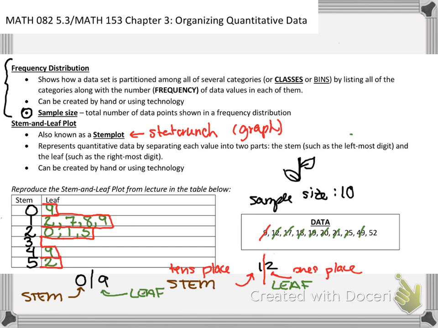So just looking at this, can you guys see where are the majority of our Facebook friends grouped? Well, you can see that right here in this area. And we'll get to this in a later video, but our peaks on histograms, when we get to histograms, are called modes. So that's how you create a stem and leaf plot.